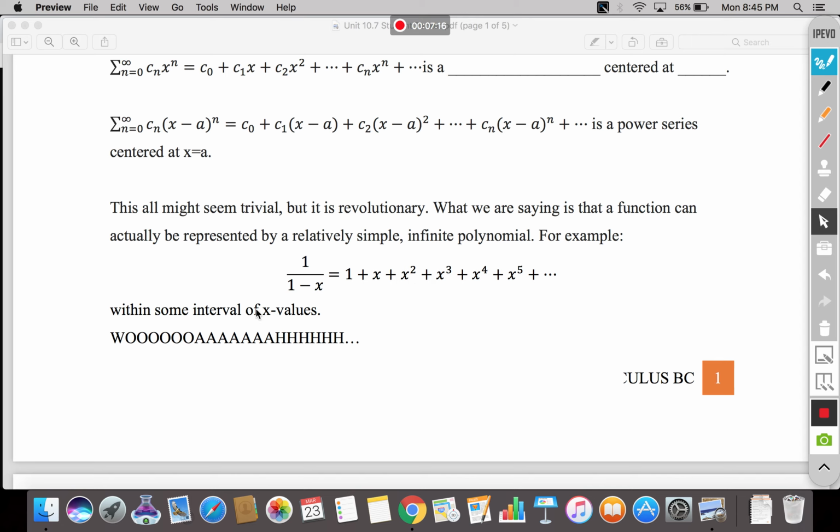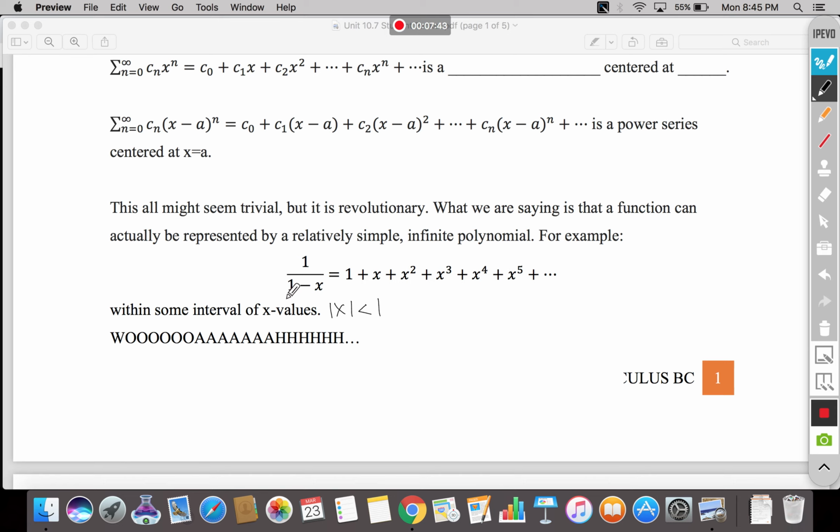That holds if we're in that interval of x values we are interested in, and we have seen so far for at least this one, that the absolute value of x has to be less than 1. But it's still kind of radical that a complex function can be represented by a series of power things. Essentially, it's an infinite polynomial. Digest that for a second, because this has important implications.